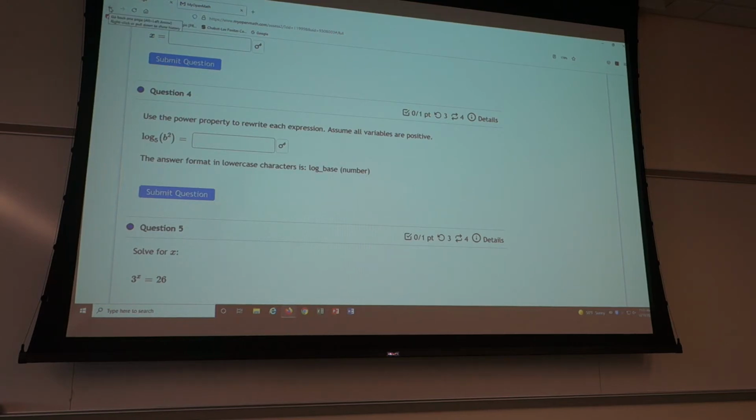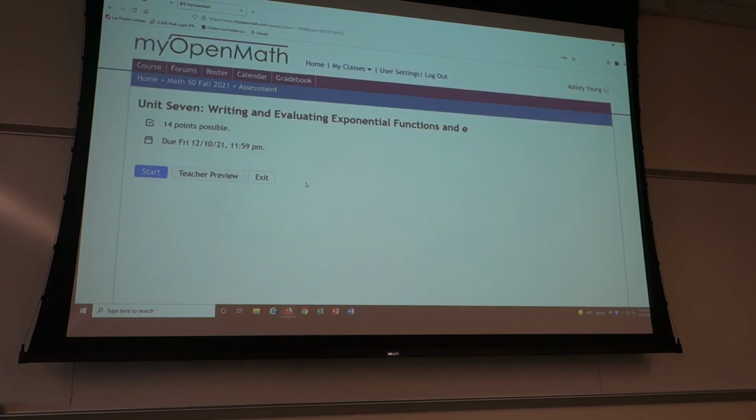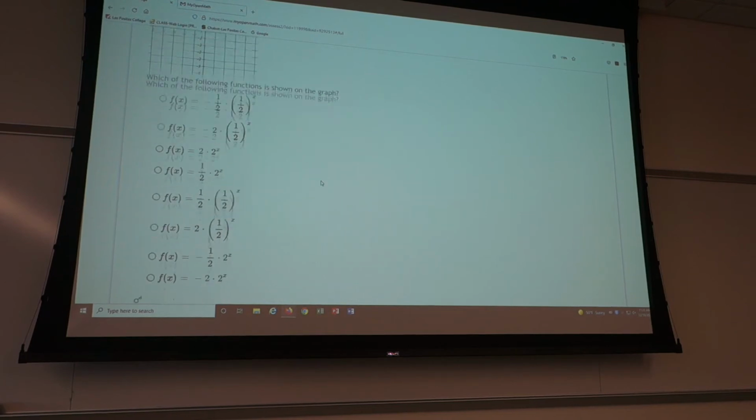I think the 8s are due next week, or something. Not sure. Yeah, unit 7 and unit 8. Those are the graphing ones I was asking about.